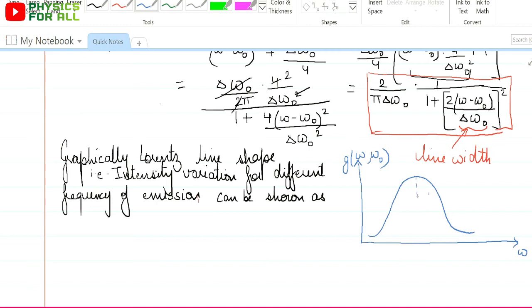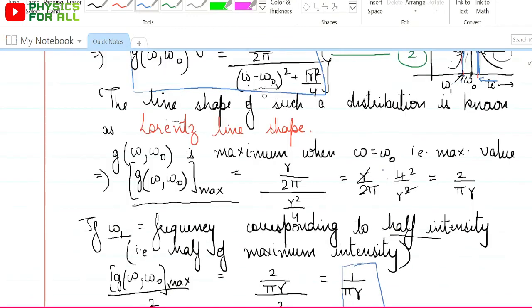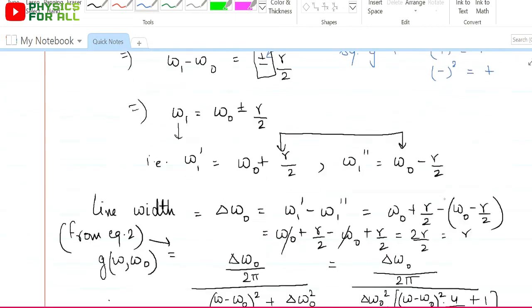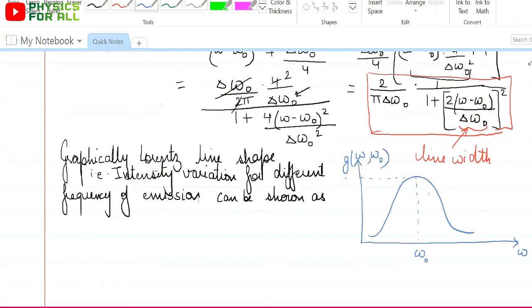This, the peak, would be for the natural angular frequency, or we used to say it as central frequency. This is g omega omega naught maximum. And what was g omega omega naught maximum? That was 2 upon pi gamma. So I'm going to mention here 2 upon pi gamma.